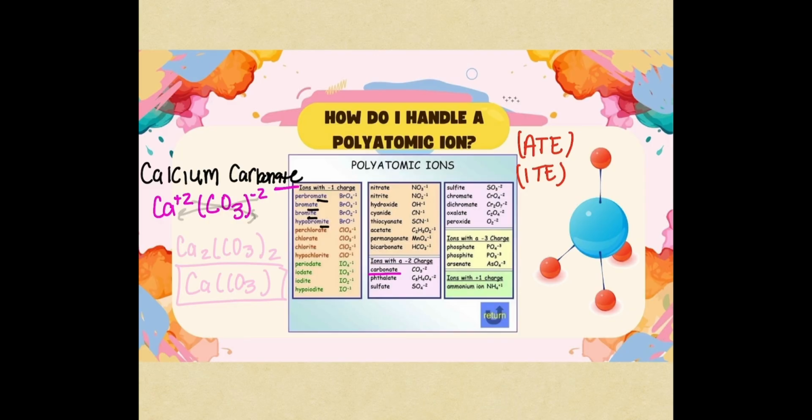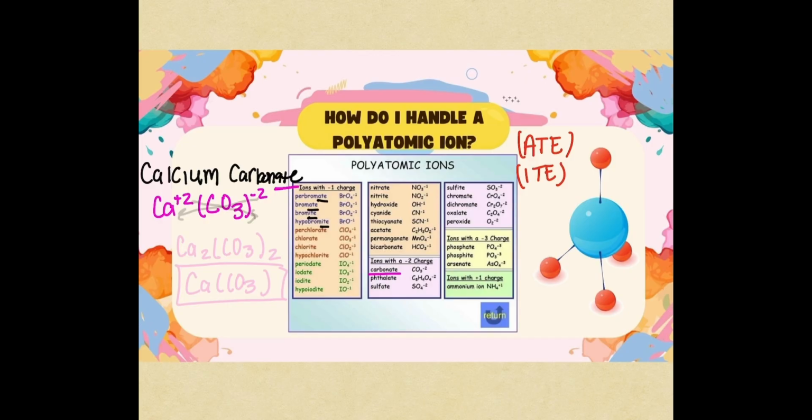And that is important because when I swap and drop, I am going to swap and drop my oxidation numbers as subscripts on the outside of the parentheses. I'm not putting anything inside the parentheses and I'm not taking anything out of the parentheses. This is a very important step because I don't want us to add anything inside the parentheses or take anything out of the parentheses. Those oxidation numbers are dropping down as subscripts on the outside of the parentheses.